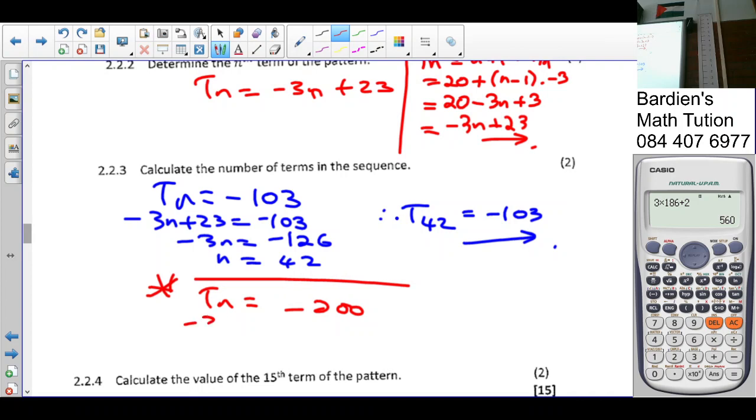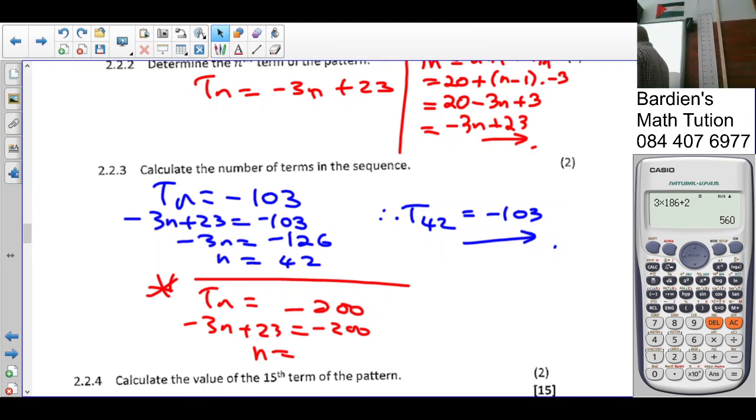So now we got negative 3n plus 23 is equal to negative 200. So it's going to be negative 200 minus 23. It will give you negative 223, no? Divided by negative 3.